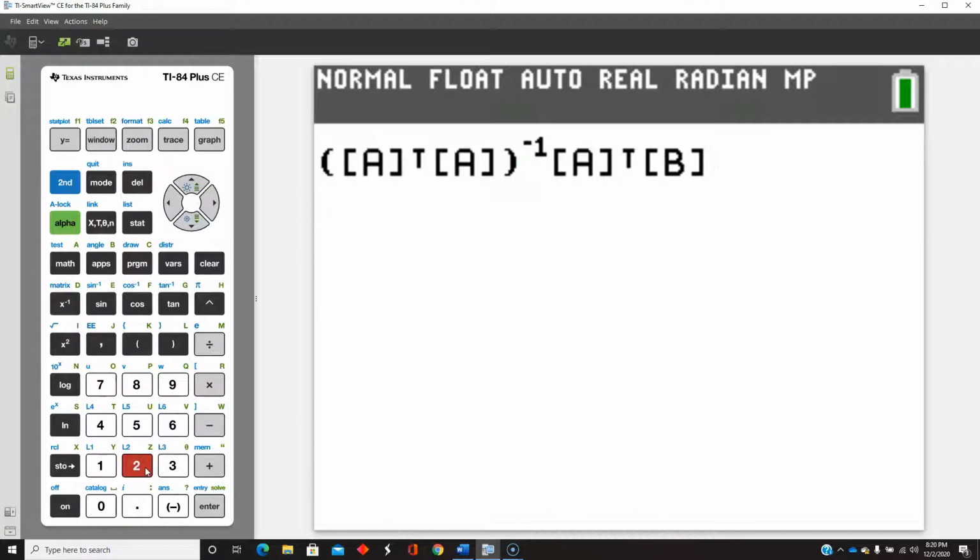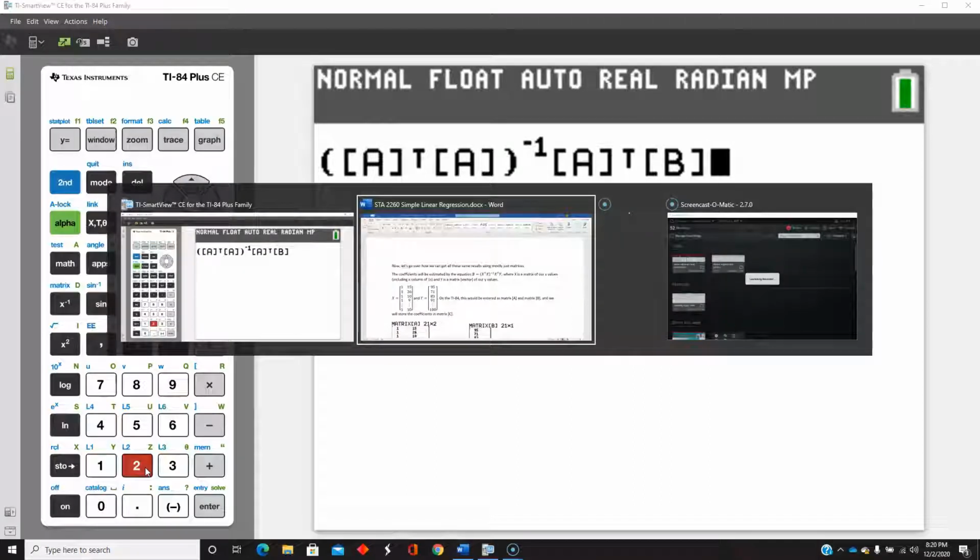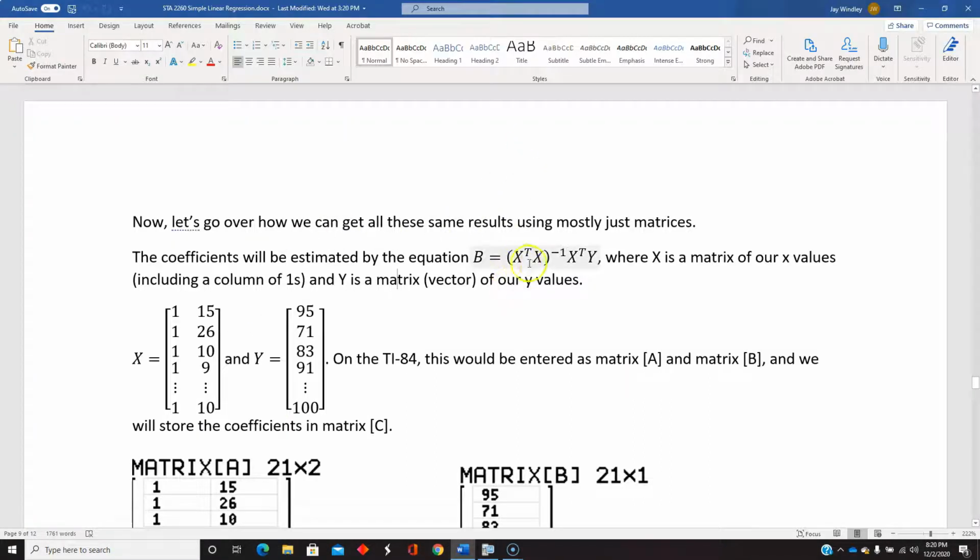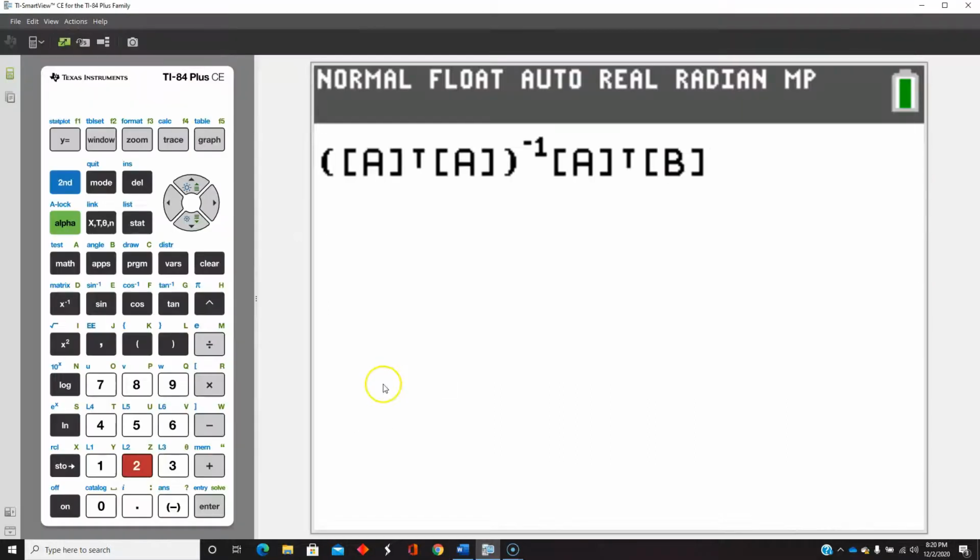So A transpose A inverse, A transpose B, instead of X transpose X inverse, X transpose Y. And the results of that we're going to store in matrix C.